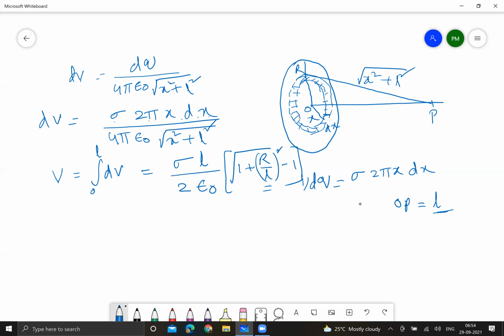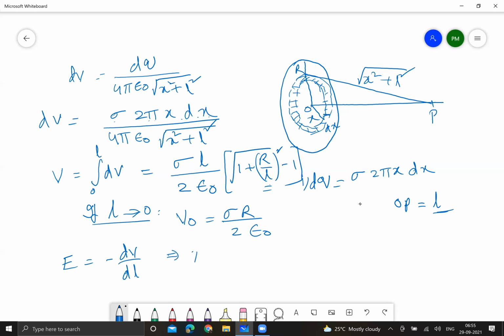So that's the potential. And if L tends to 0, then we will be getting V naught is equal to sigma R by 2 epsilon 0. And E is minus dV by dl.